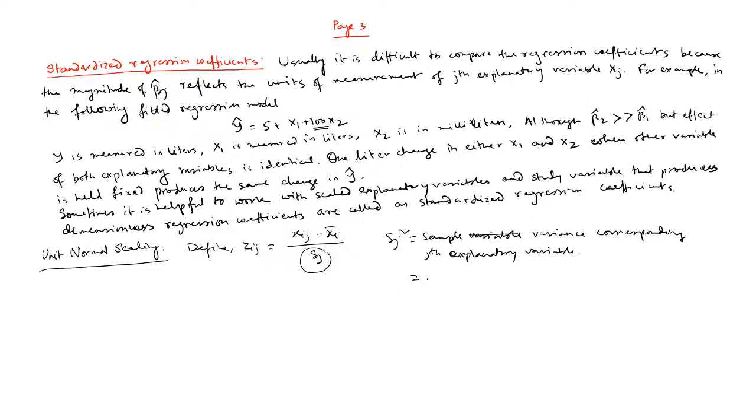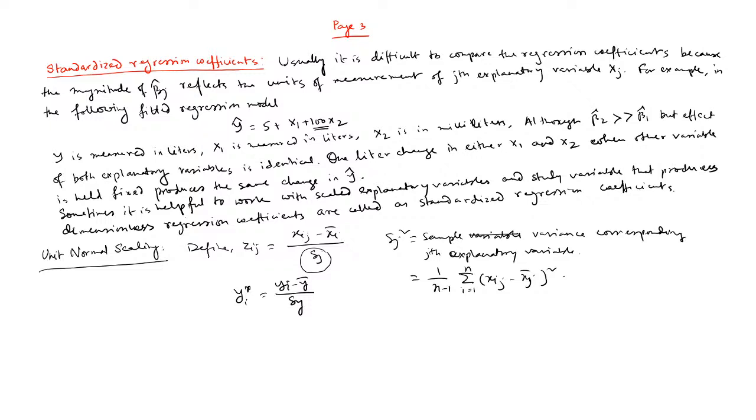So the formula is, and y star is equal to yi minus y bar divided by Sy. Sy is the sample standard deviation corresponding to the study variable y.